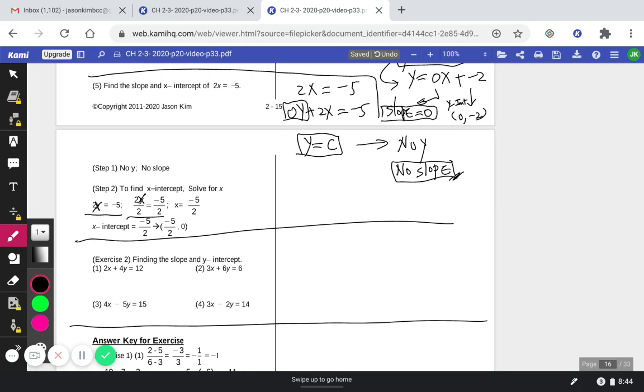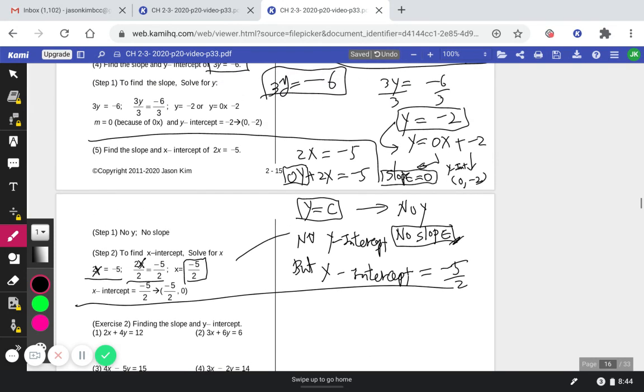So x becomes -5 over 2. So they don't have a y-intercept. But you have an x-intercept. The x-intercept is the x value. So the x-intercept would be -5 over 2.